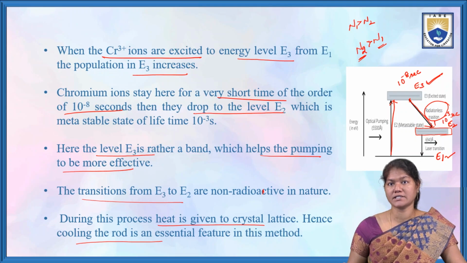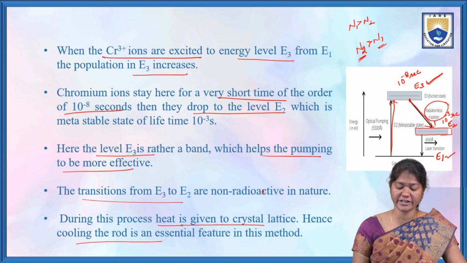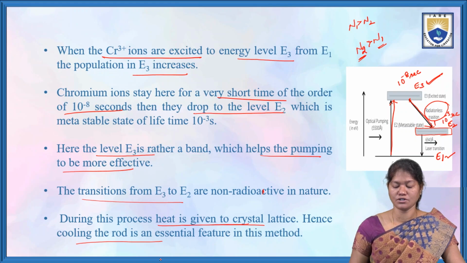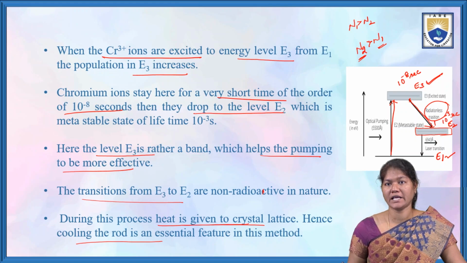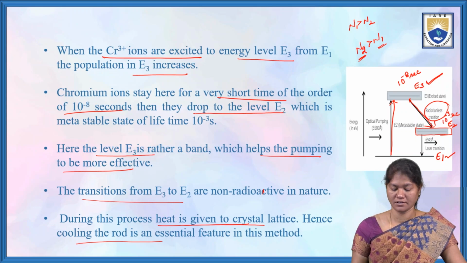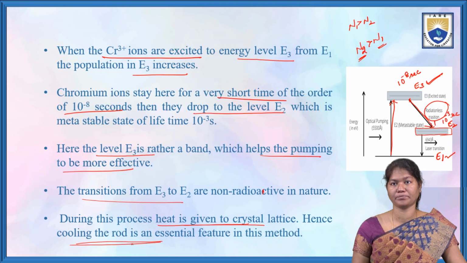In this transition, E3 to E2, heat is generated. That heat can be cooled with the cooling rods.